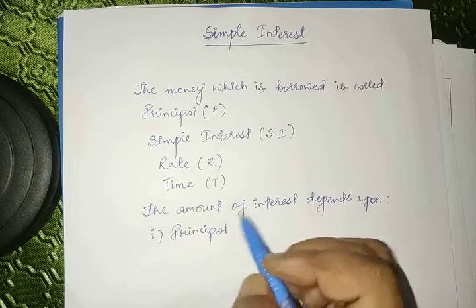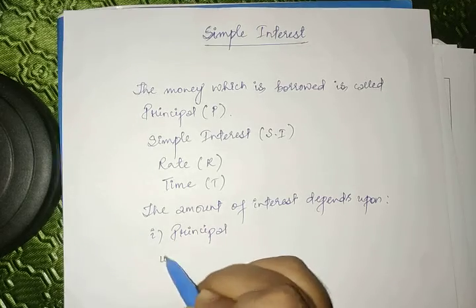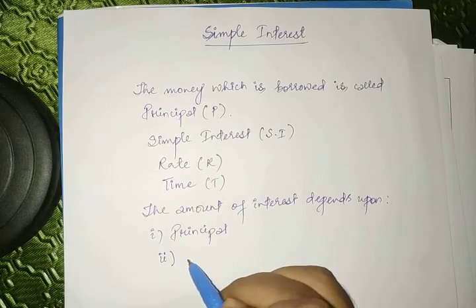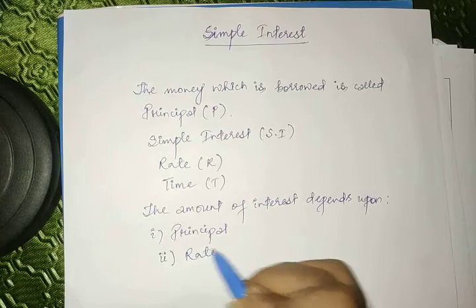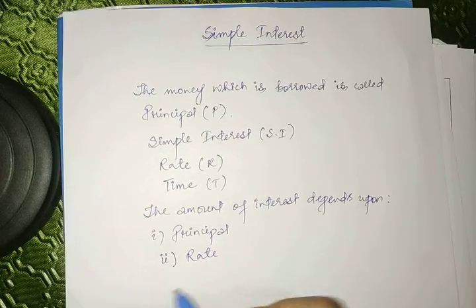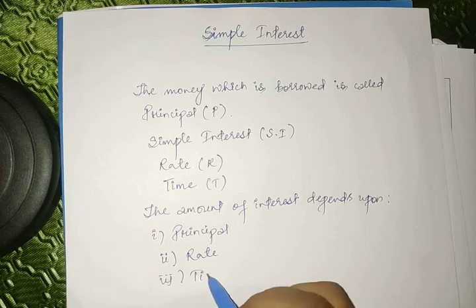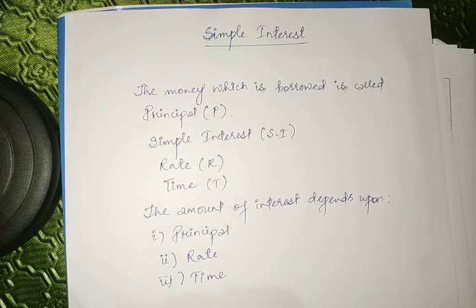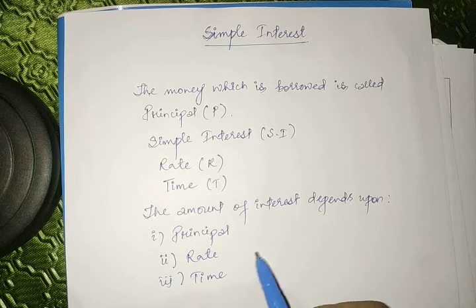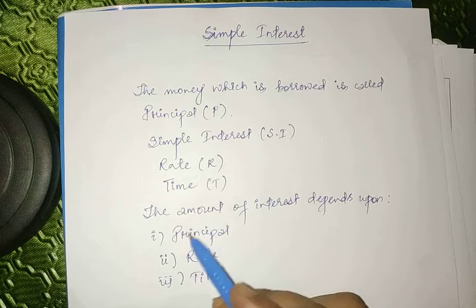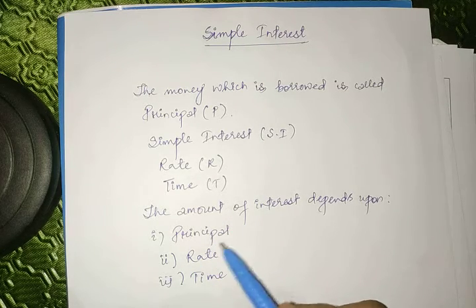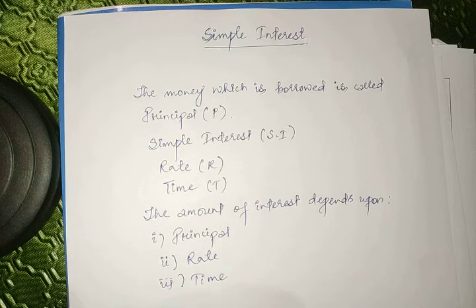The second one is rate, the interest rate that is charged by the bank. And the third one is time, like for how long the money was kept before being paid back. So the interest depends on these three factors: principal, rate, and time.